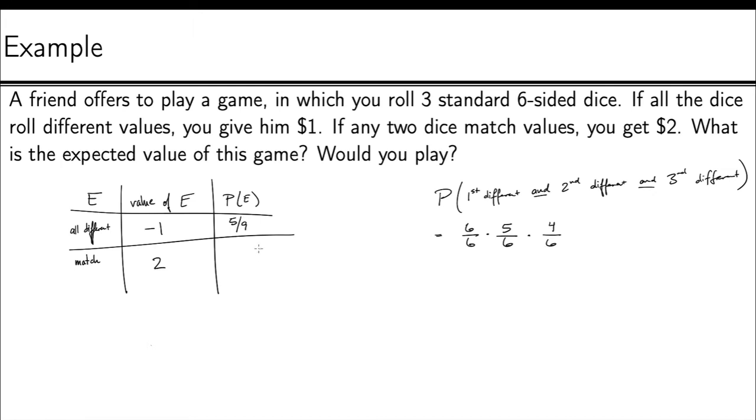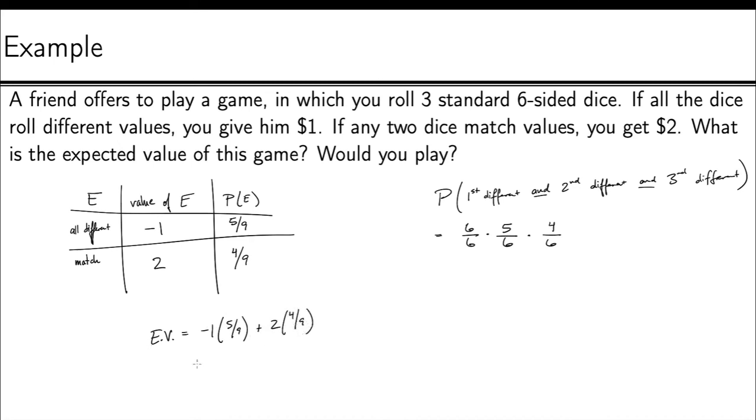And then the probability that there is a match is just the opposite of this, so we're going to use the complement rule. That's just 1 minus 5/9, which is 4/9. So for your expected value, we take our value, so -1, times the probability, and add those together for each of them.